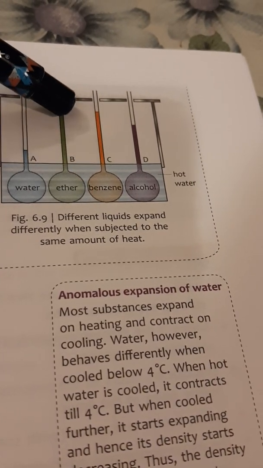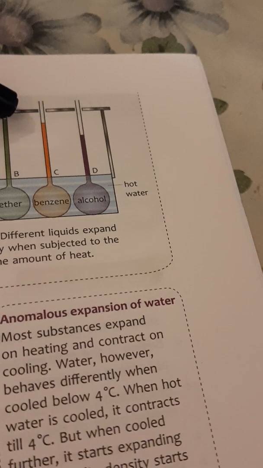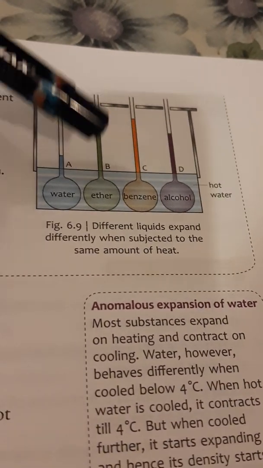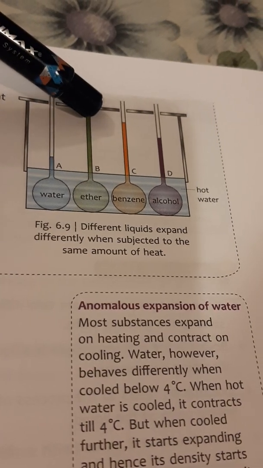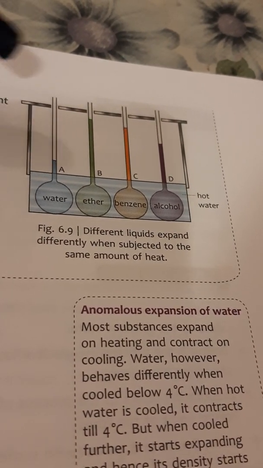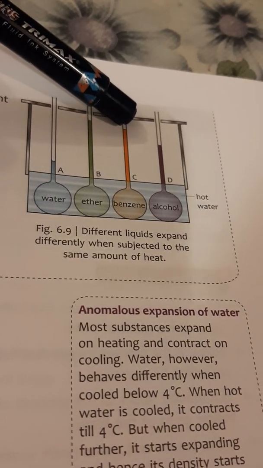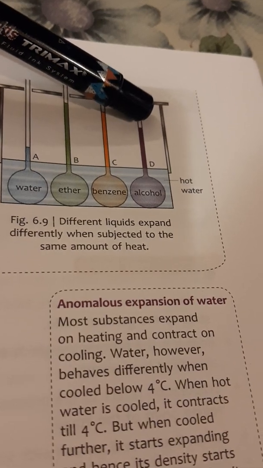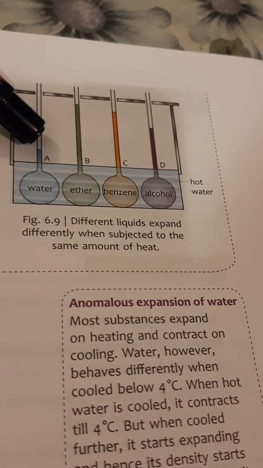The ether has got the maximum expansion, because the height of the ether in this neck is the maximum. Then comes the benzene. Then comes the alcohol. And lastly you have the water.